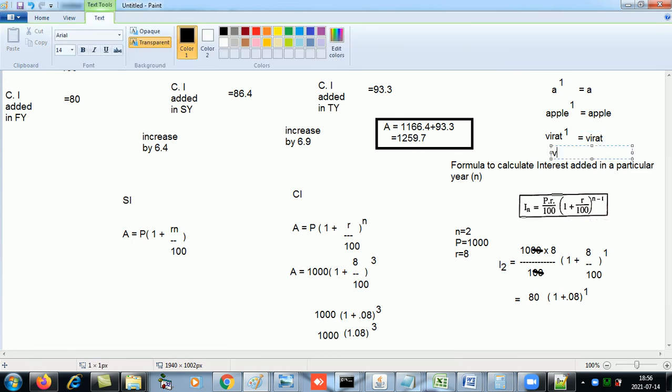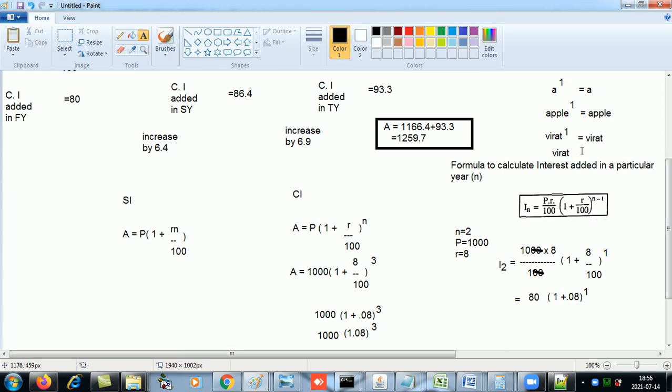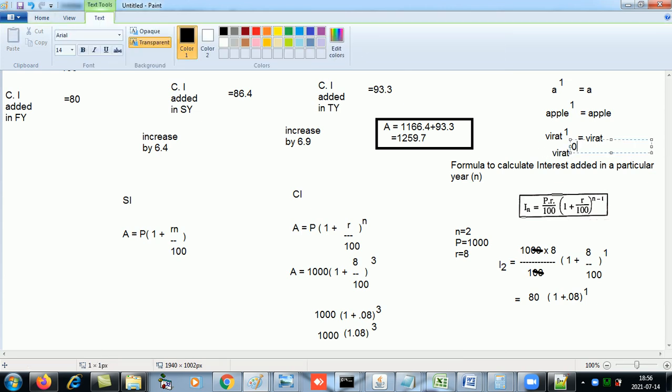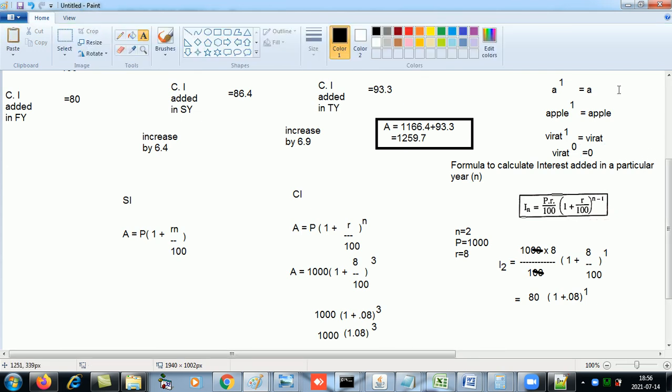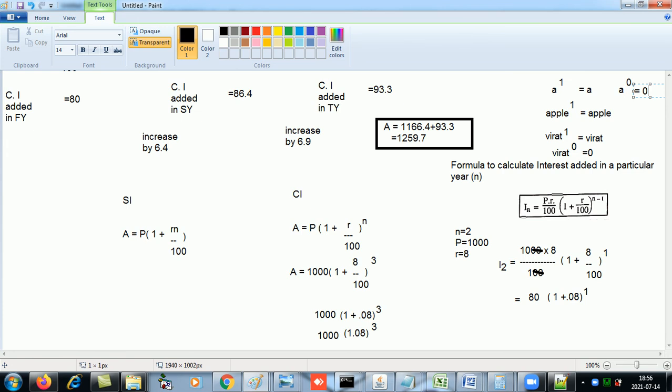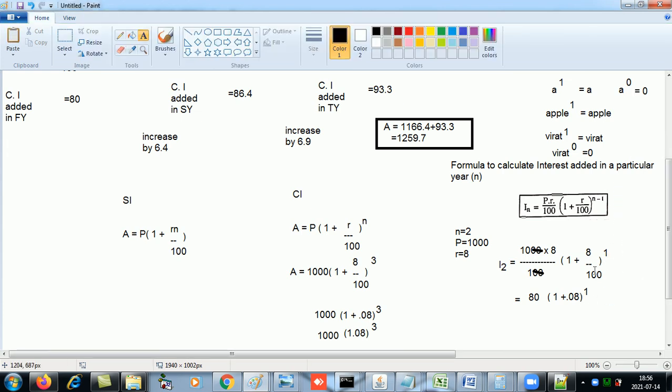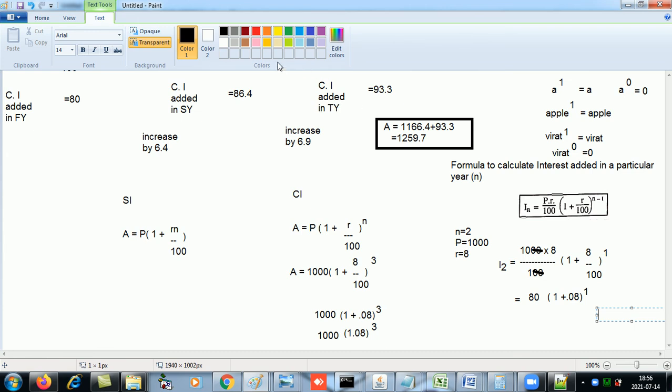Anything raised to 0 is 0. Virat raised to 0, anything raised to 0 is 0. So a raised to 0 will give me 0. So anything raised to 1 is the same number. So 1.08 raised to 1 is 1.08 only.